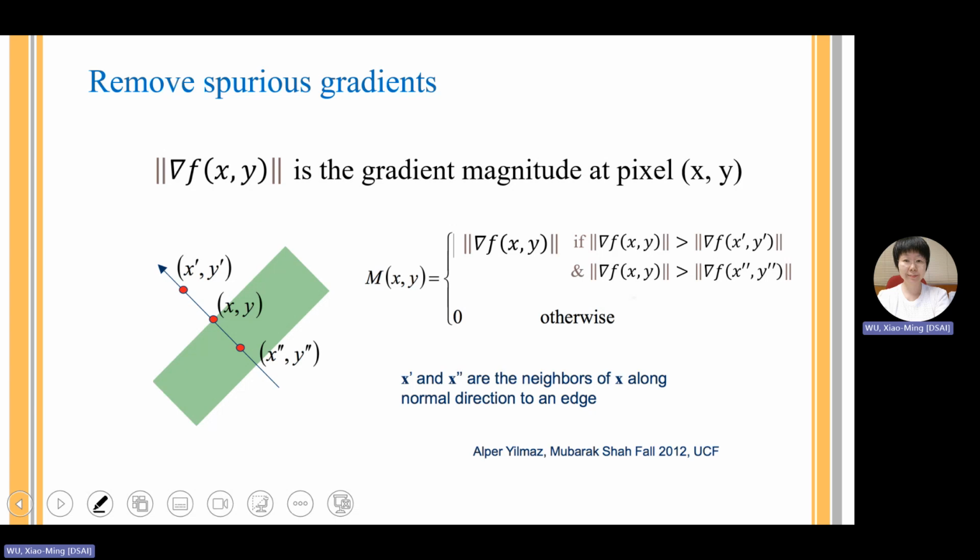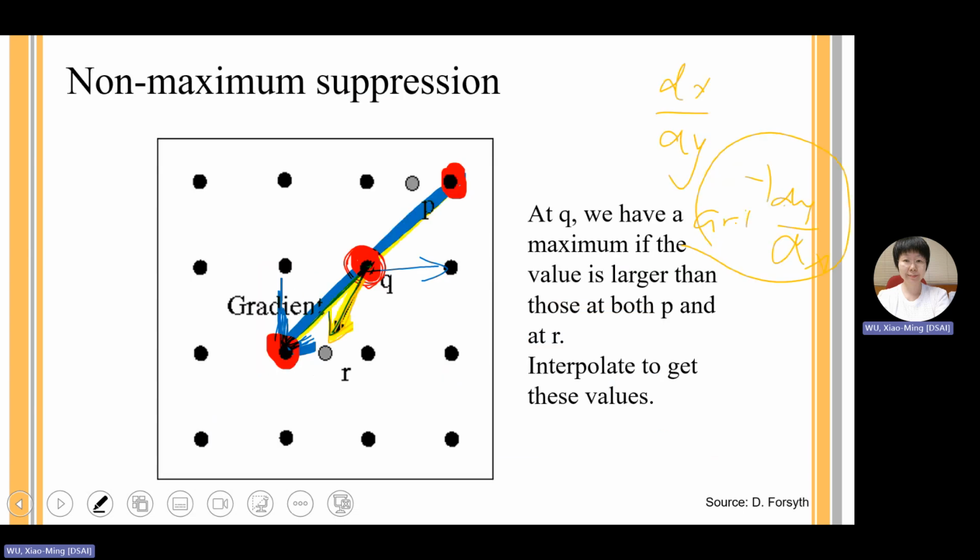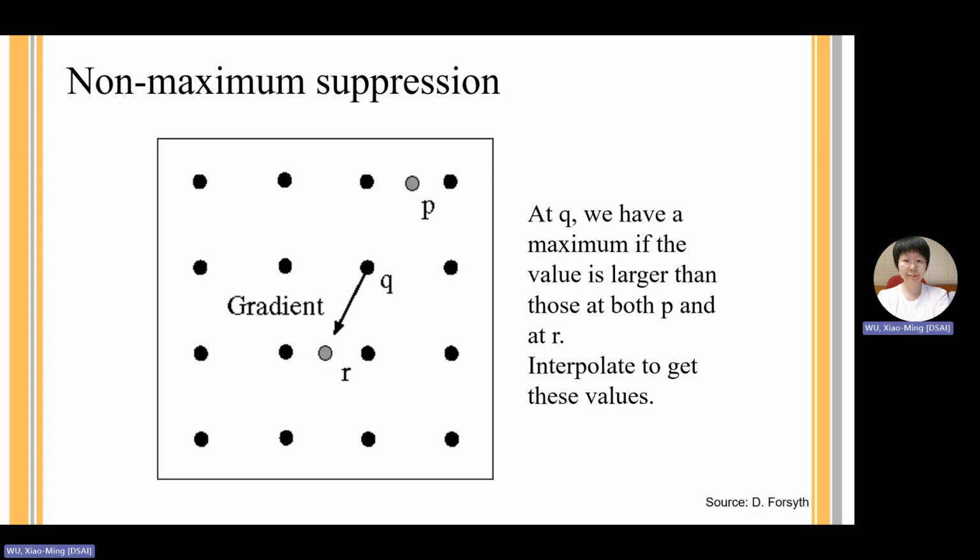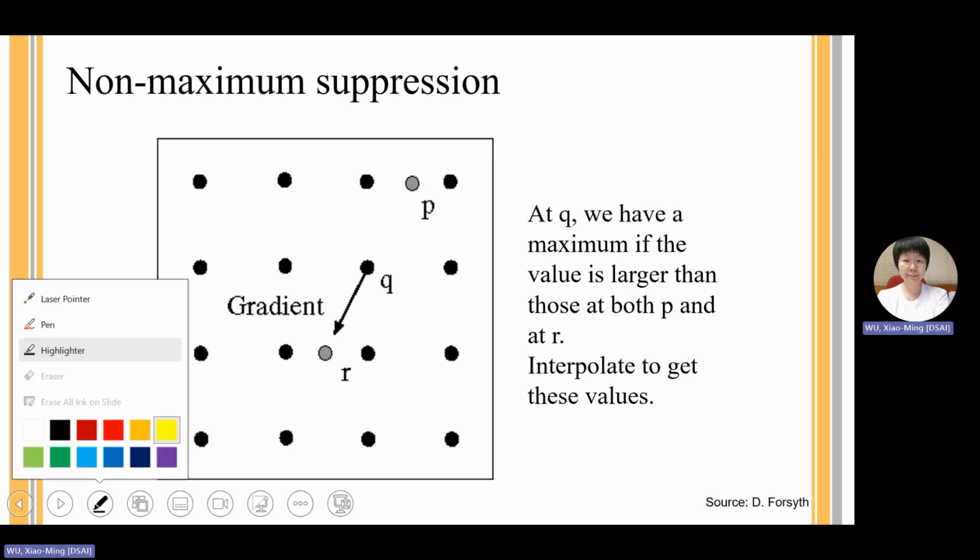It's represented by the blue one, which is the closest angle direction. But we can also do non-maximum suppression along the real gradient direction.